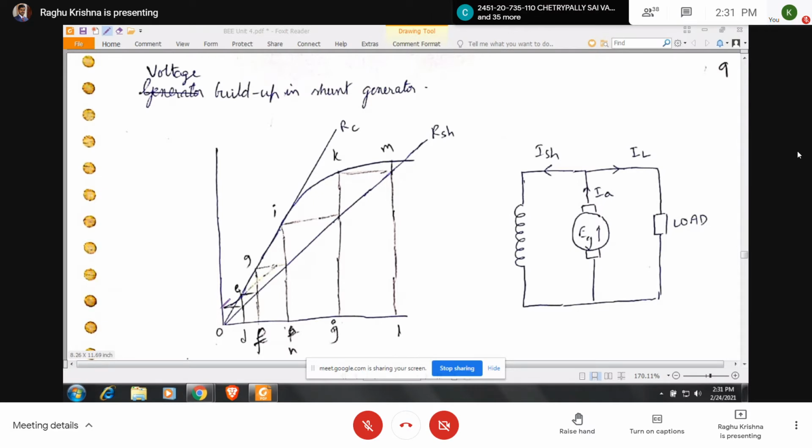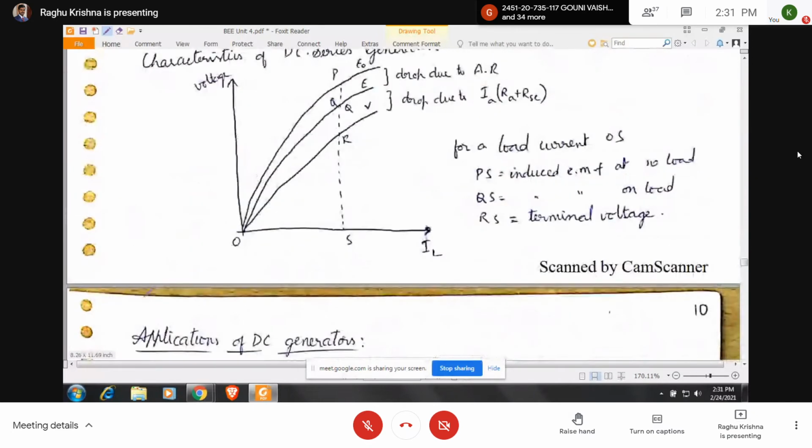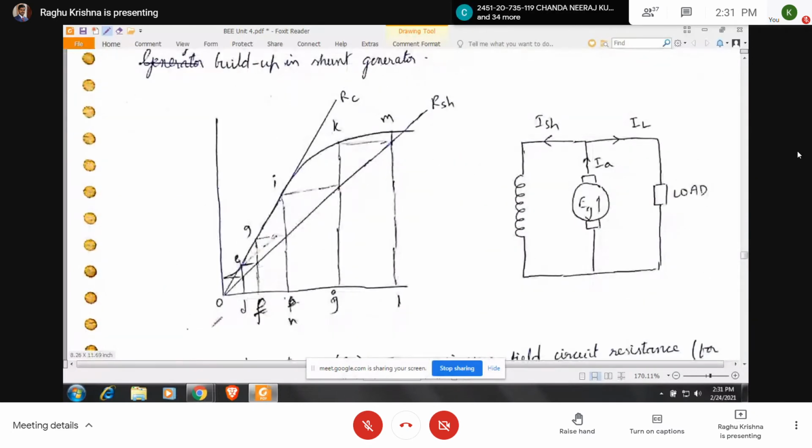Let us put a point here. Put some point B. This is point C. So here a voltage OB.